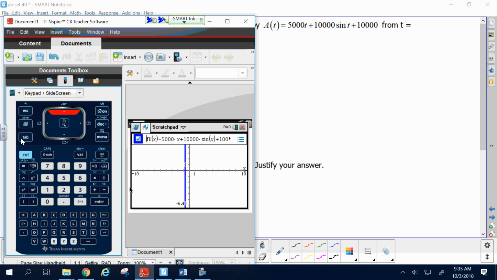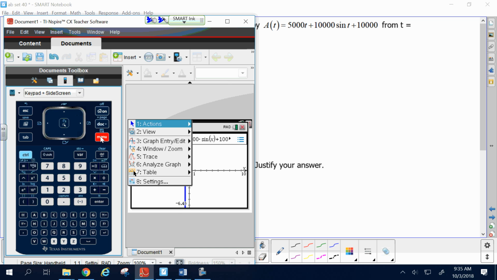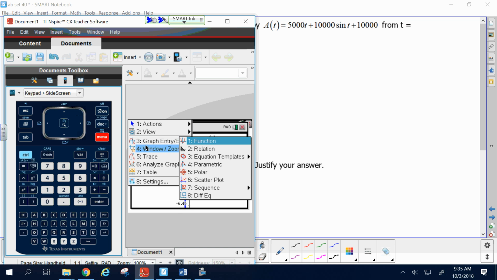I imagine the scale of those numbers is going to make for a pretty lousy window. So we'll want to adjust our window. The Inspire does a pretty nice job of zoom fit, but you can't always rely on that. I would try zoom fit first and then see if you're seeing what you want to see.